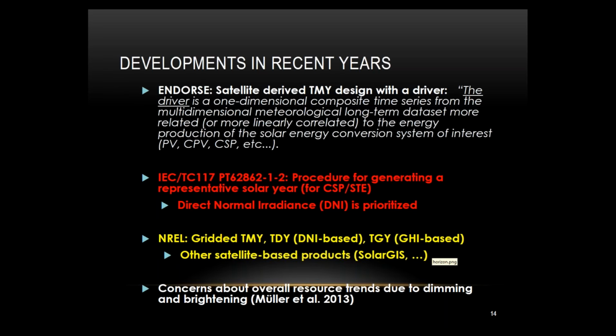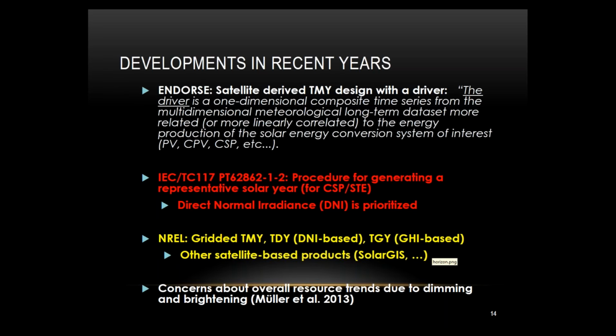So they define a driver. This is a one-dimensional composite time series from the multidimensional meteorological long-term data set, more related to the energy production of the solar energy conversion system of interest. And what that means is that depending on which type of energy you're interested in, you should weight which type of meteorological data are typical in a month differently.